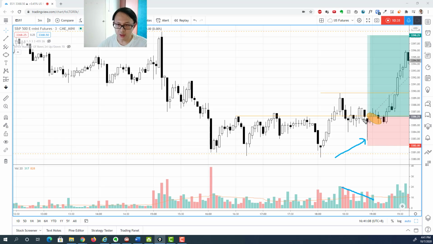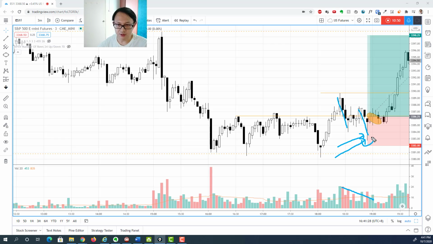So overall, we have the first pullback, and even though the second pullback creates a lower low here, which is not ideal in this case, I still take the trade because this is a huge demand tail.